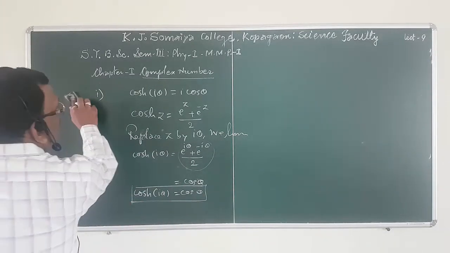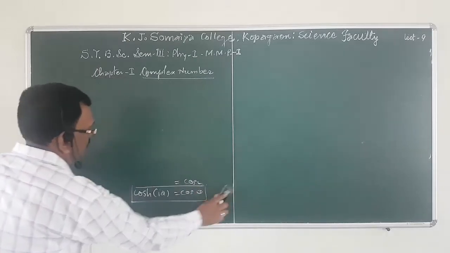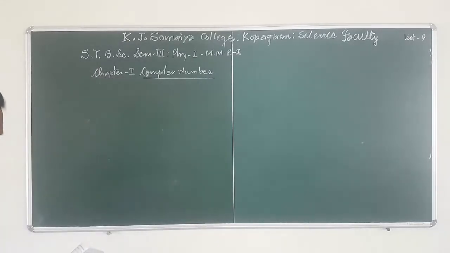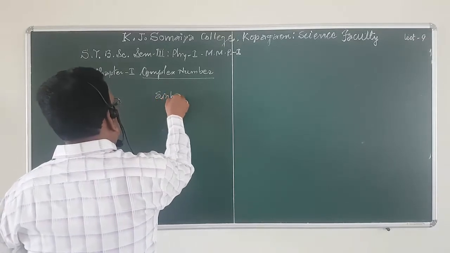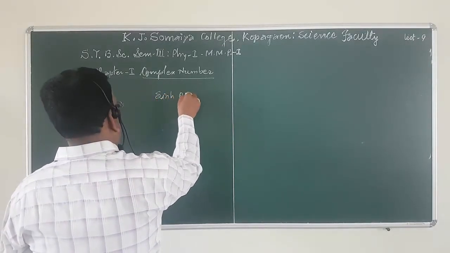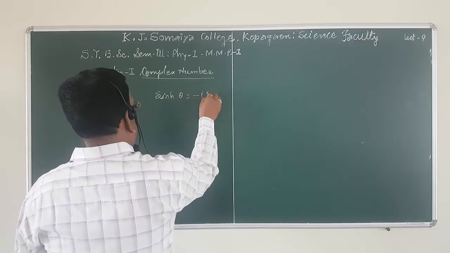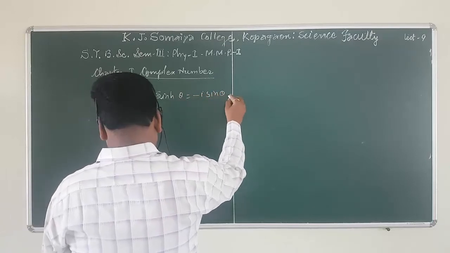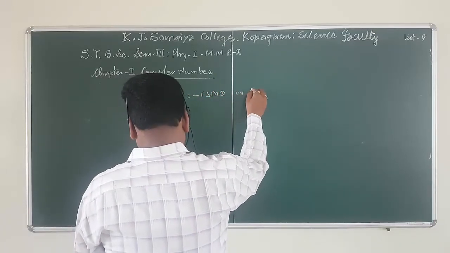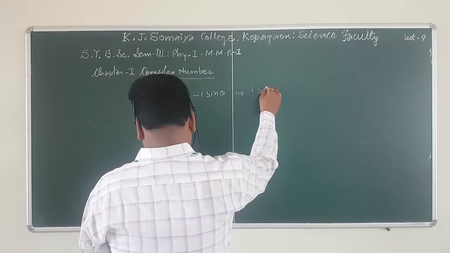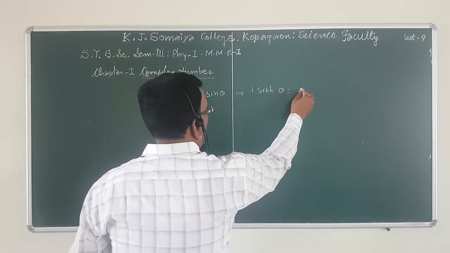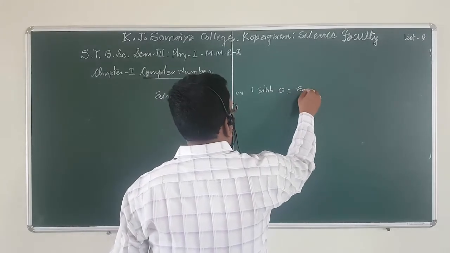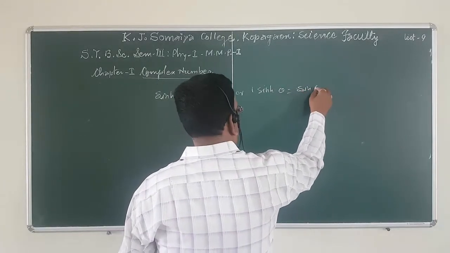Third identity. Show that sinh theta is equal to minus i sin i theta, or i sin theta is equal to sinh i theta.